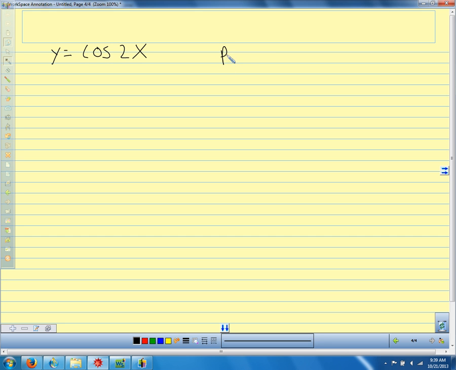Our period is 2 pi over 2, or pi units. Our period is pi units. So this function is going to repeat every pi units. And we're going to have key points every pi over 4 units. Every quarter period we're going to have key points.